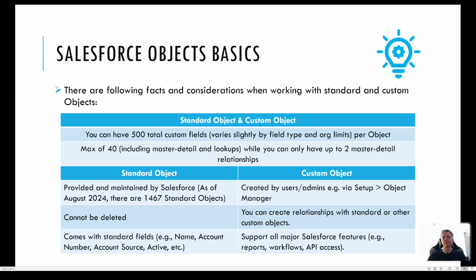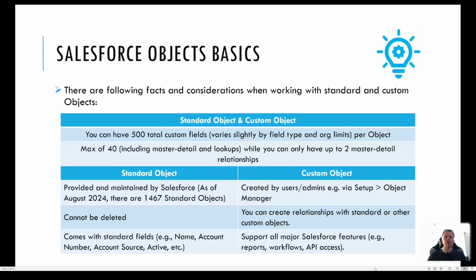We will see it in a couple of minutes. Important to know also, custom objects come with at least a few out-of-the-box standard fields, such as name, last modified by, created by, some system fields, which are very, very important.